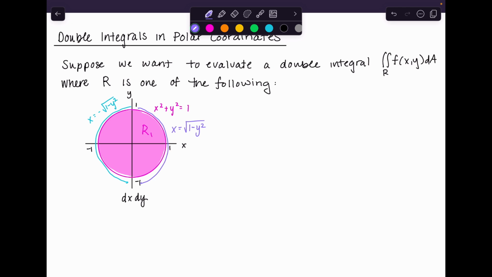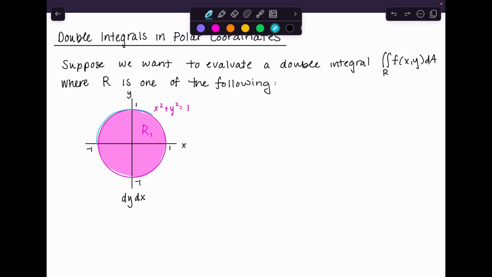And even if you flip-flop this and did dy dx, not much really changes because of the symmetry. If I do dy dx, then great, my x is changing from -1 to +1. But for the y component, you would have to take a square root, and again you get plus or minus.